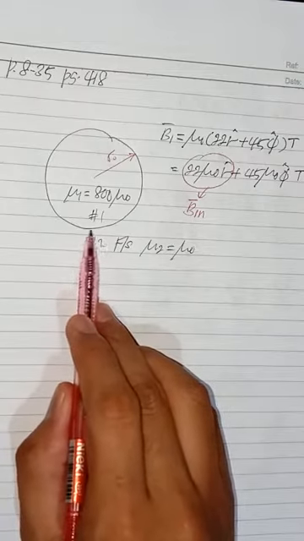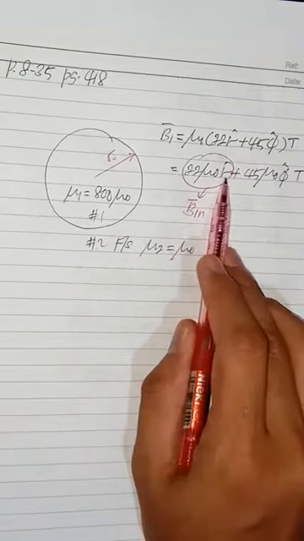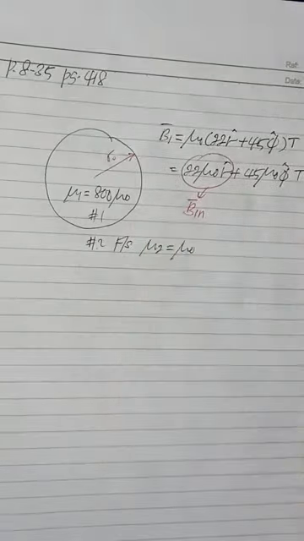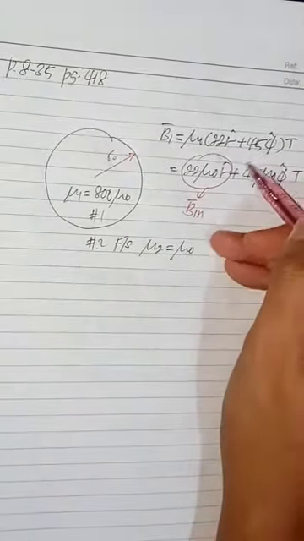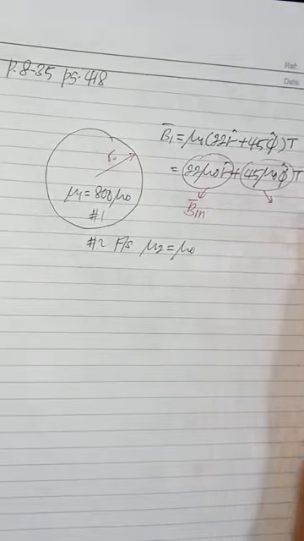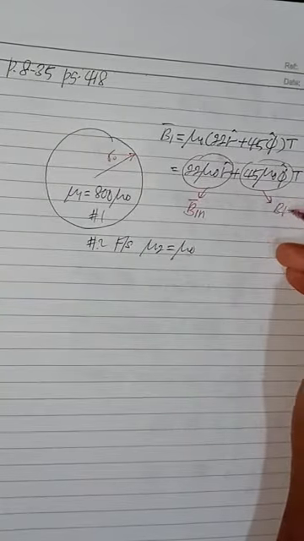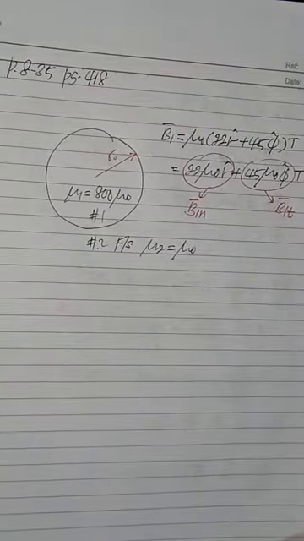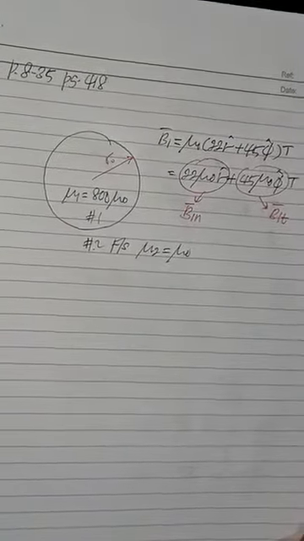So the r component belongs to the normal component of the B1 vector, and the rest belongs to the B1 tangential component.